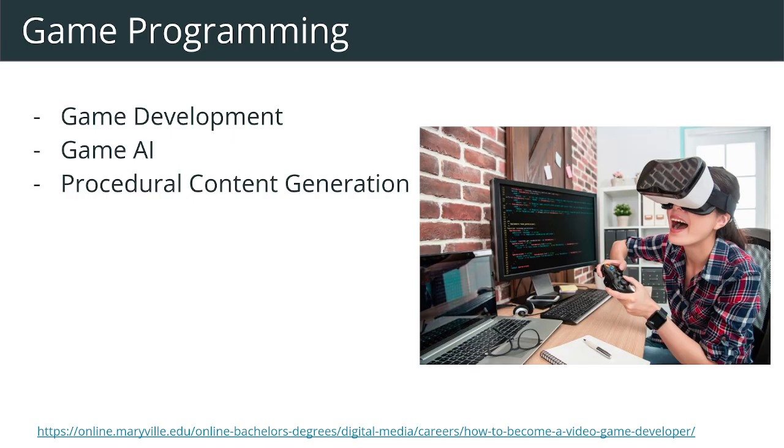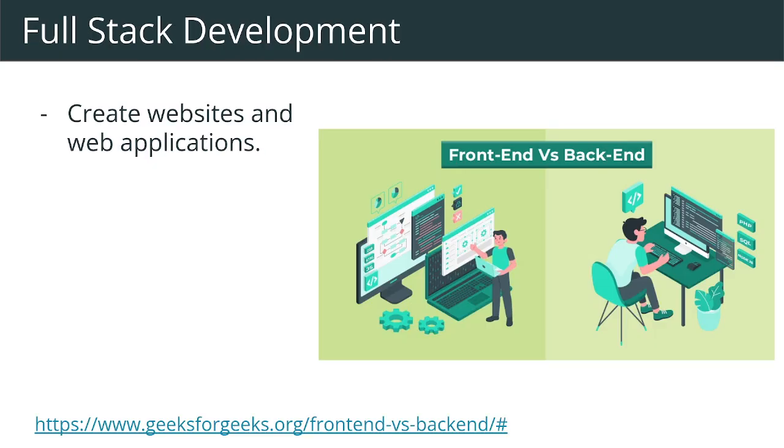Okay, what else does computer science and computer information systems entail? We'll touch some of this in class too. Maybe you're interested in writing websites and web applications. All right, in this case, full stack development means that we're putting together the front and back end.